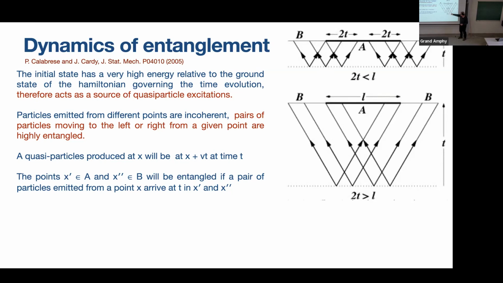At each point, the various pairs are incoherent, but they propagate. And so starting from a given point here, essentially the entanglement between region A and region B is related to the number of pairs, in some units, where one of them reached region A and the other of them region B.